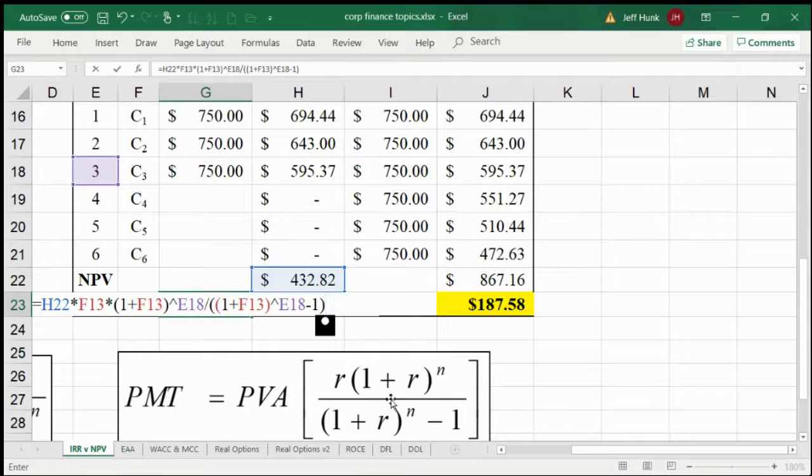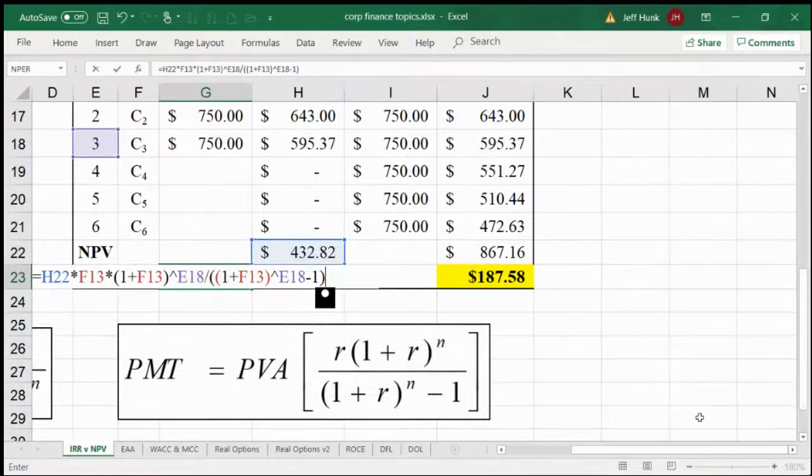There's no harm in putting an outer bracket, but it's not necessary. And the only reason for the outer bracket for the denominator, the bottom, is this.